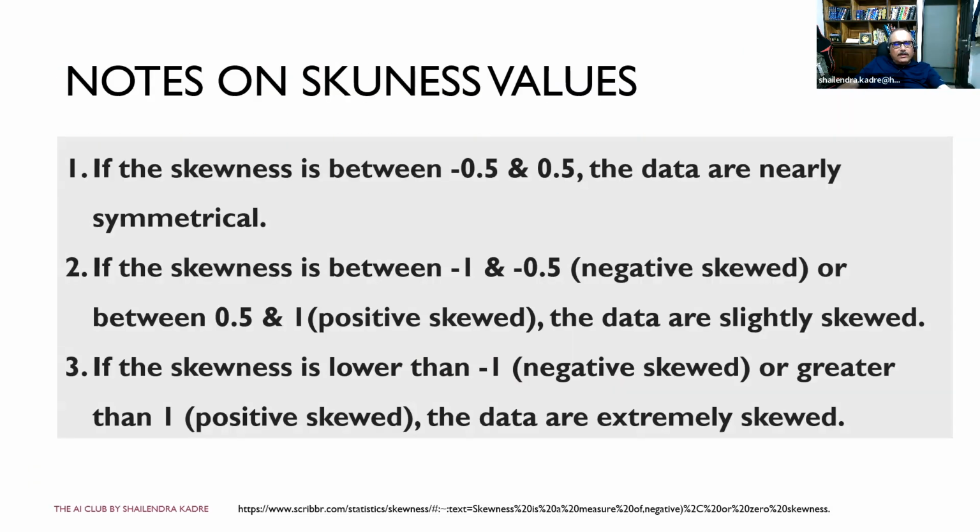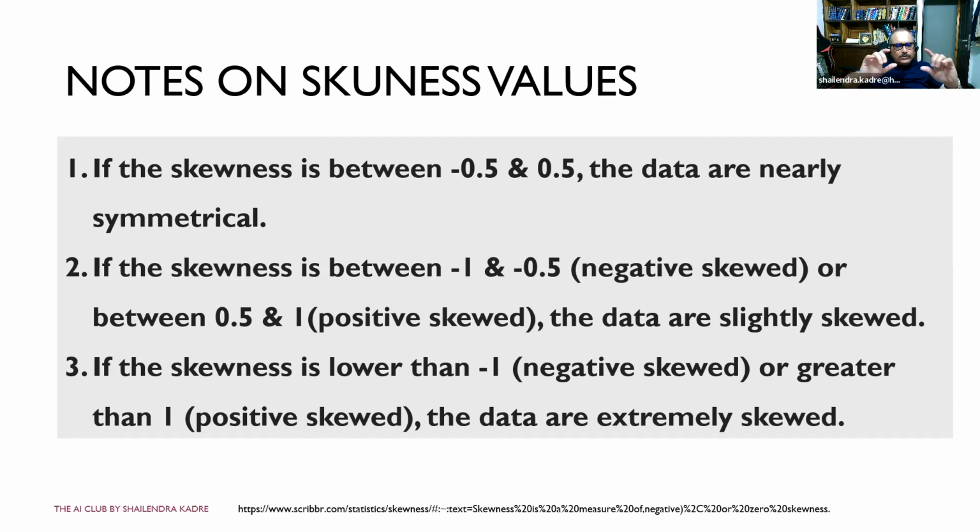Try to read with me bullet point 1. If skewness is between minus 0.5 to plus 0.5, the data are nearly symmetrical. Generally your Pearson coefficient, if you calculate for any kind of measurement, you will get near to 0, but you will never get 0 because data is never fully symmetrical.